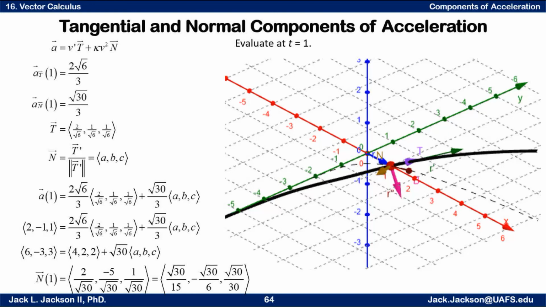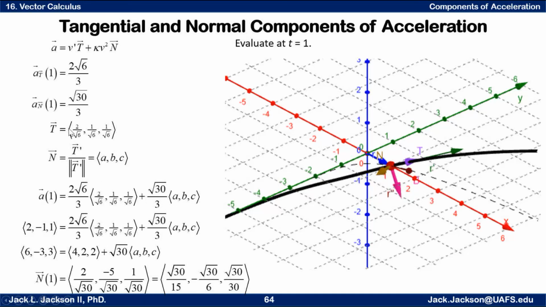And you could verify, which I did with the calculator, that this is a unit vector. And you could do the dot product of it and this tangent vector here and verify that that is in fact 0, so that it is orthogonal to that. And so that should be the brown vector that we have here.